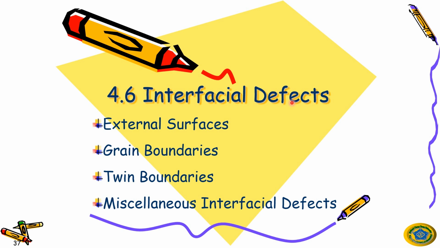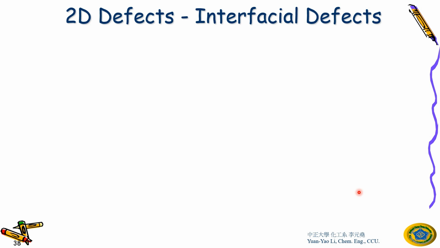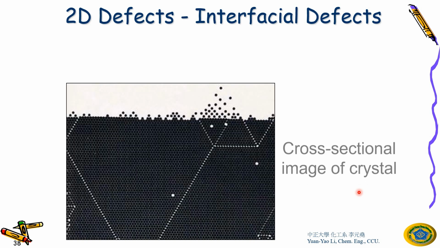The first one we are going to introduce is external surfaces, and then grain boundaries, twin boundaries, and miscellaneous interfacial defects. These are all two-dimensional defects. Let's take a look at this description.